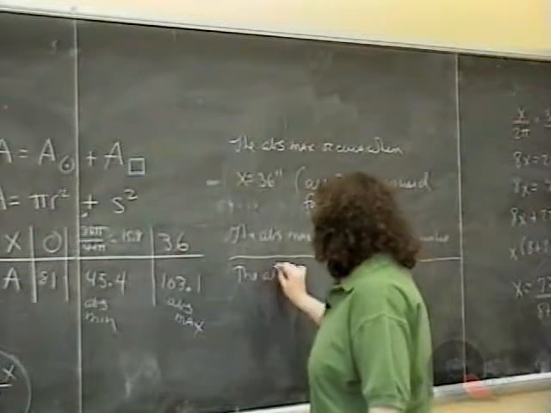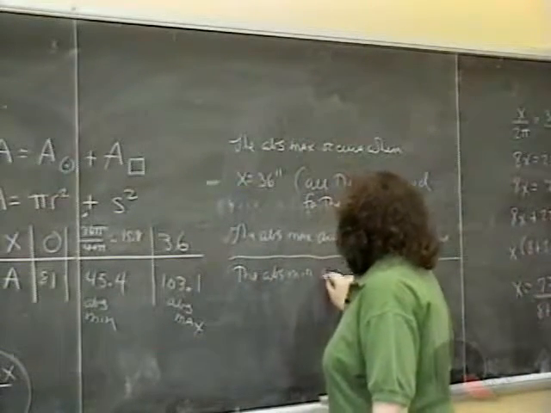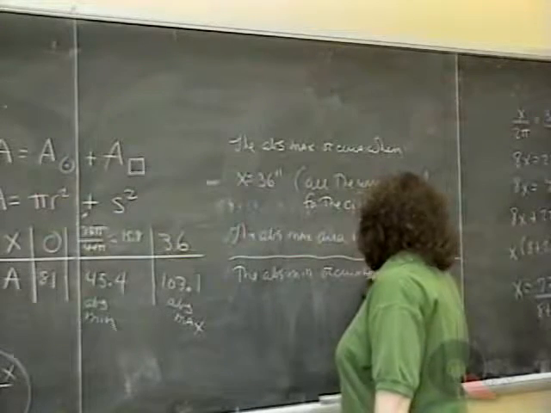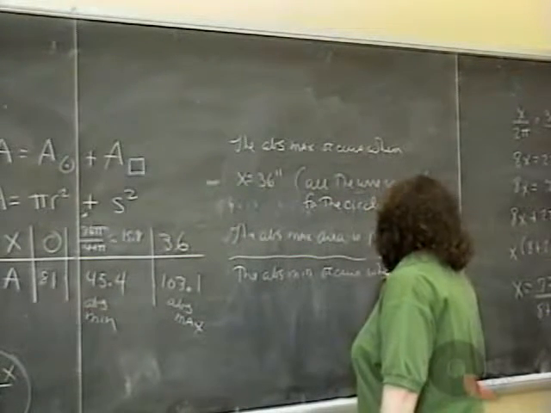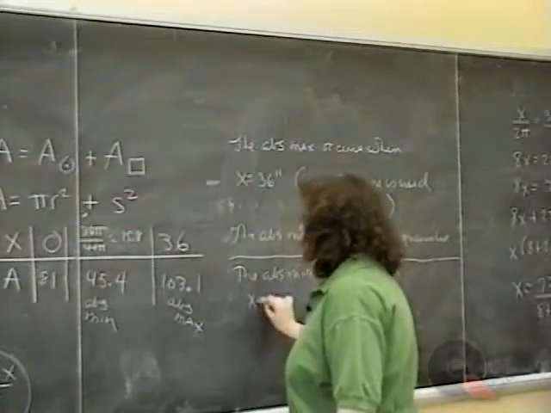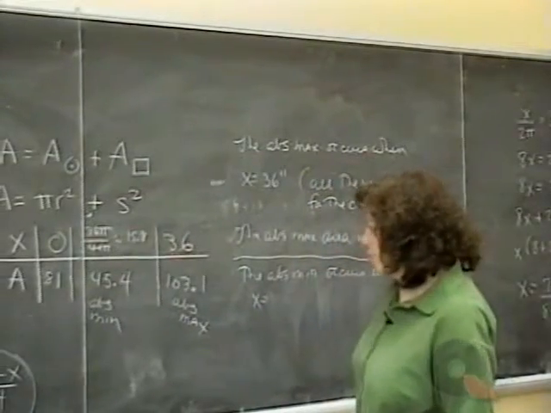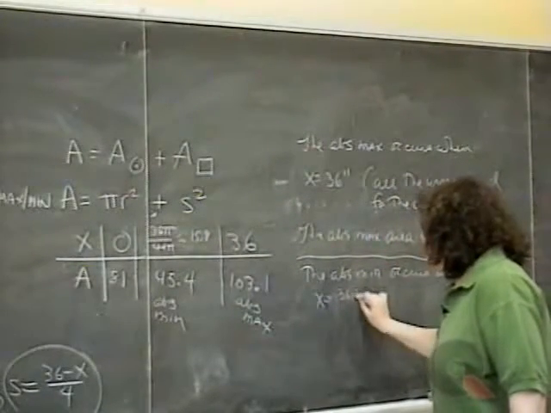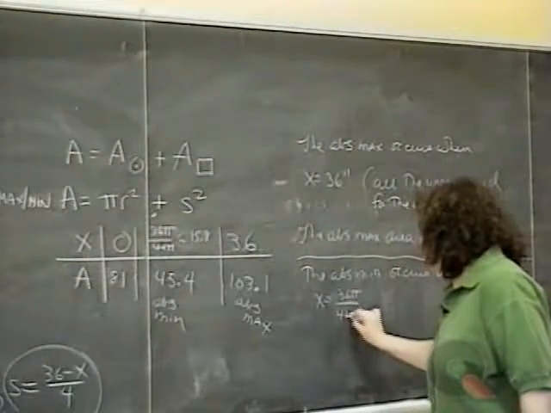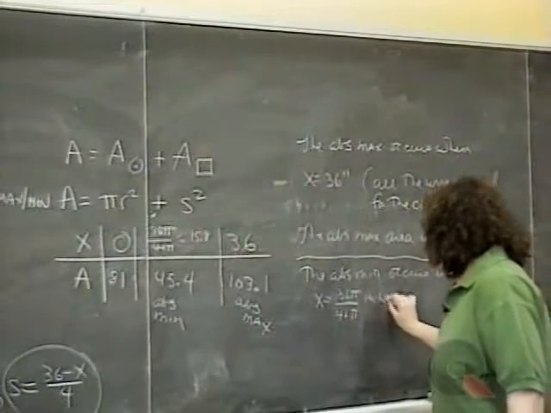The absolute minimum area occurs when x is equal to 36 pi over 4 plus pi inches.